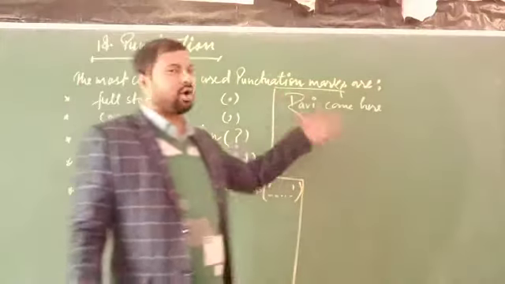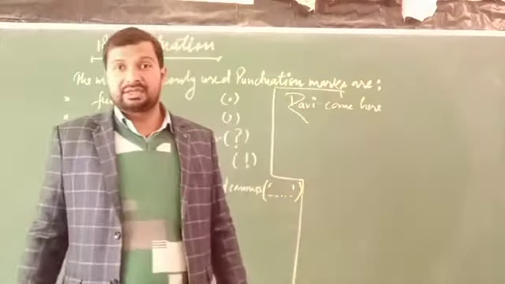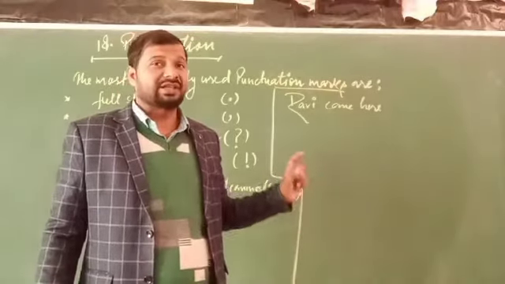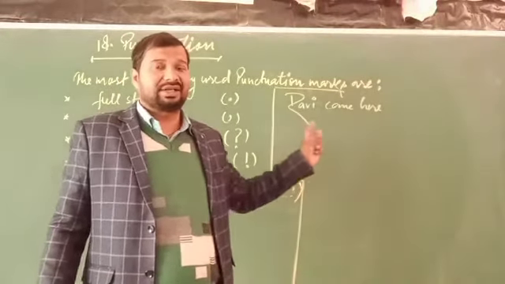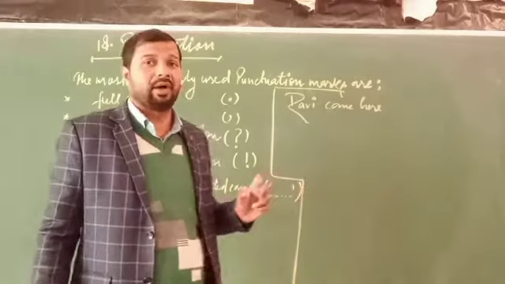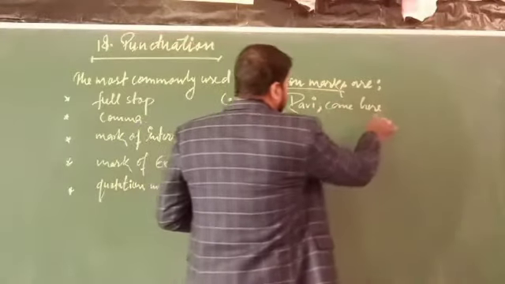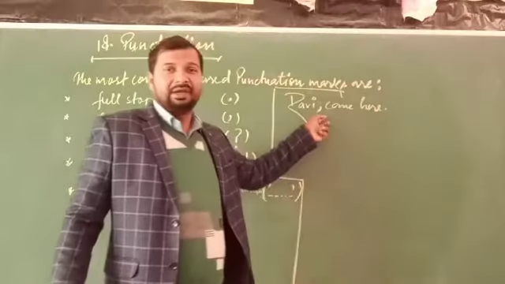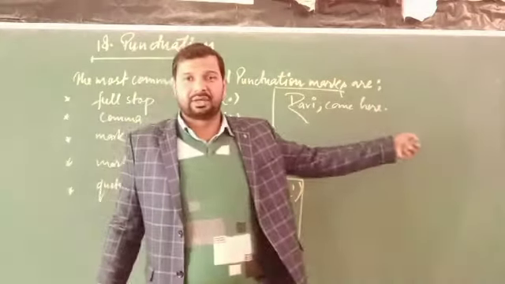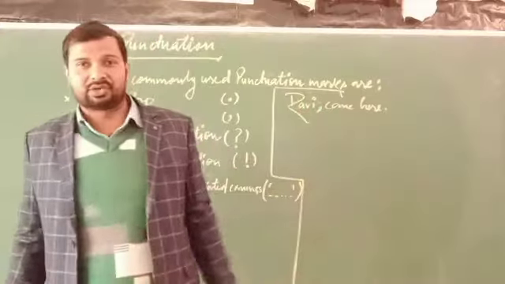This sentence is wrong. So, to separate the noun from this sentence, you have to put a comma. Where will you put the comma? Just after Ravi. Ravi, come here. You have put the comma here, and now your sentence is a complete sentence. Okay.